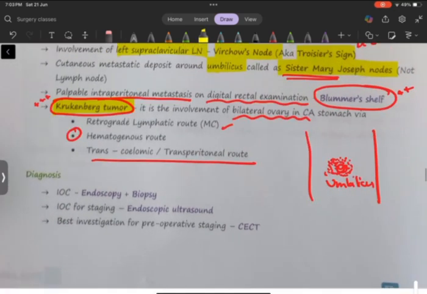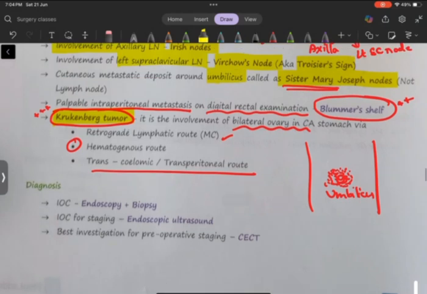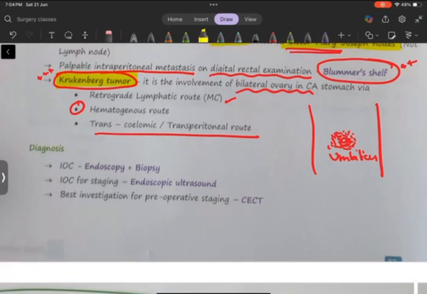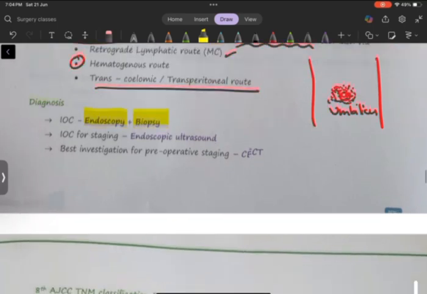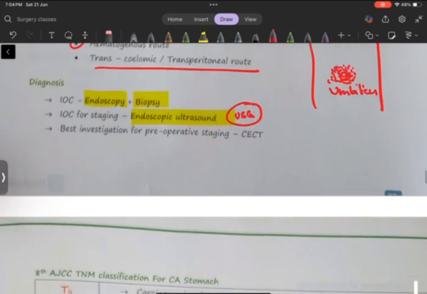Okay, so after this, how will we diagnose CA stomach? Basically we do endoscopy, and in order to stage it we go for biopsy. The investigation of choice for staging is endoscopic ultrasound. Okay, what is the best investigation for pre-operative staging?